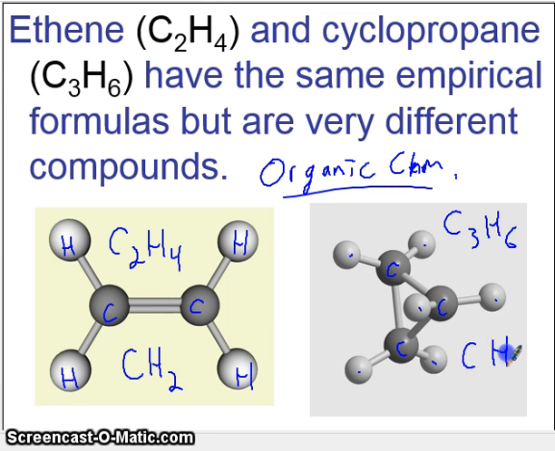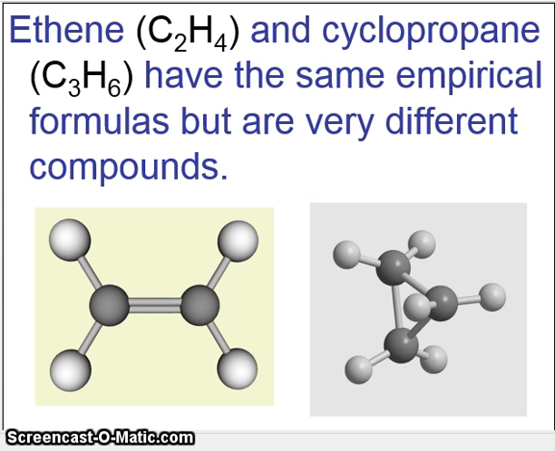And to reduce it, you would divide as much as you can until you cannot divide any longer. So notice the empirical formulas are the same, but the compounds are different. This means the empirical formula is not enough. There are actually many, many compounds that have the same exact empirical formula, but they indeed are different compounds.